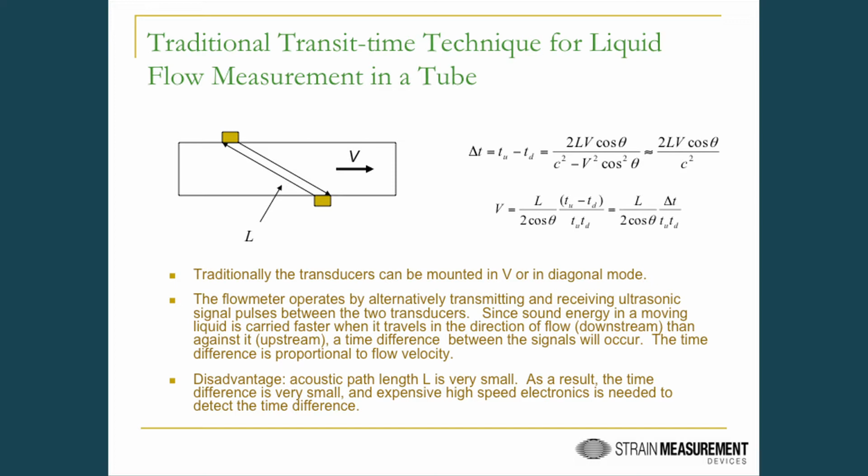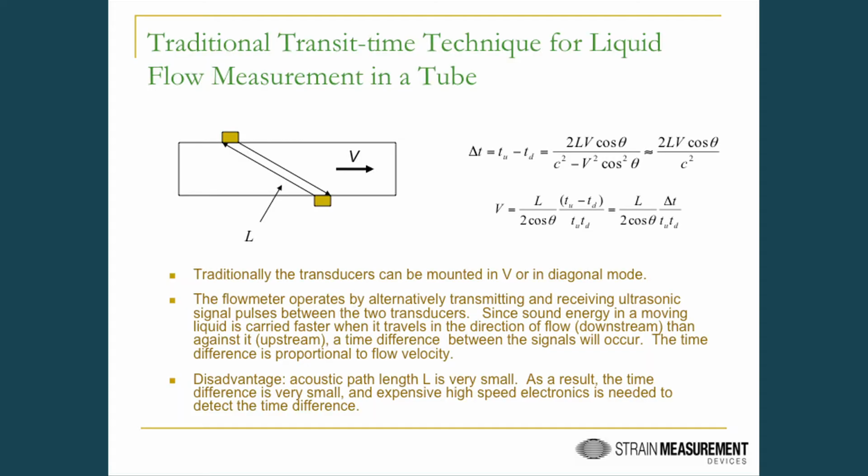Because C is much larger than V, that simplifies to the equation on the right. To calculate velocity, you have L times delta T over 2 cos theta TU TD. The operative thing there is that L is the most important factor.